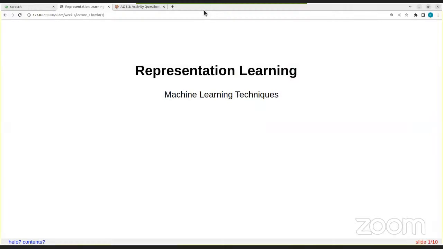Excuse me, sir. In the programming assignment in this MLT course, I am not able to open the file which is given, from which the question is asked. Do we need any specific application or software to open that file? No, it's a Google Colab file.